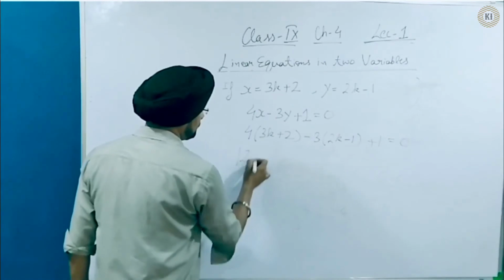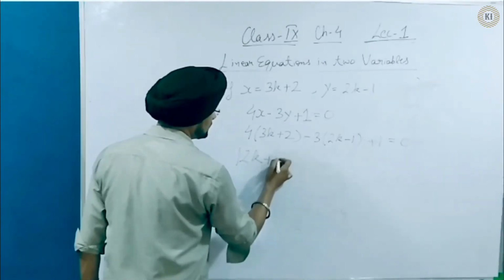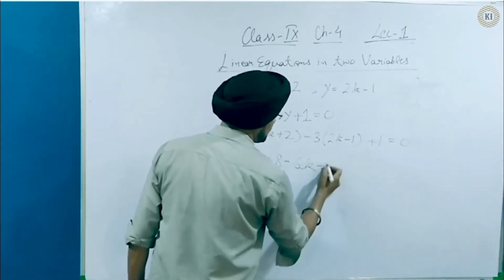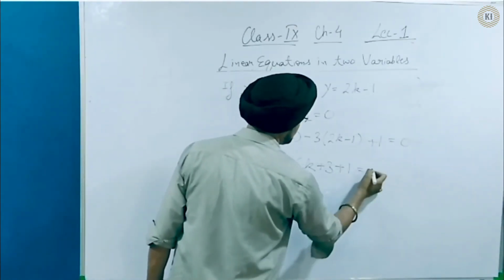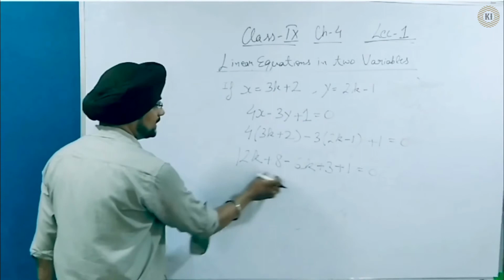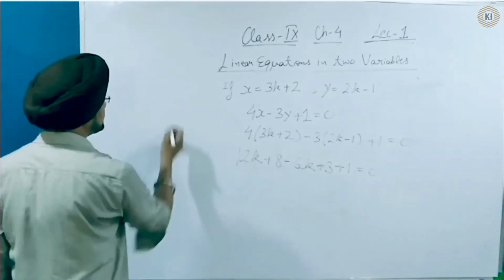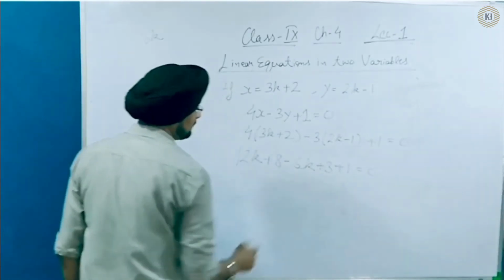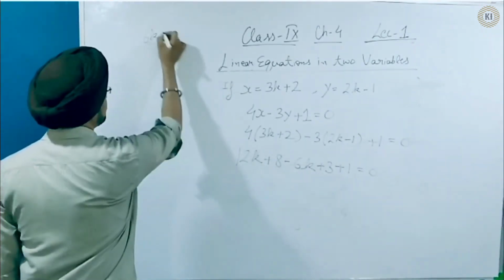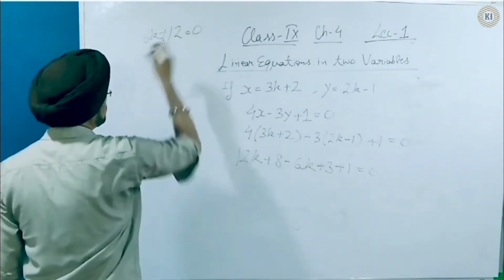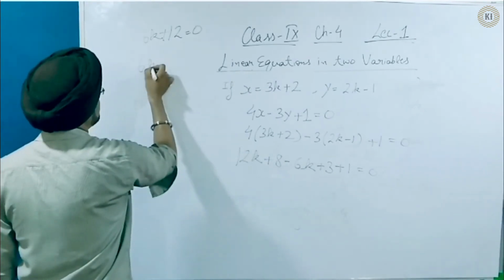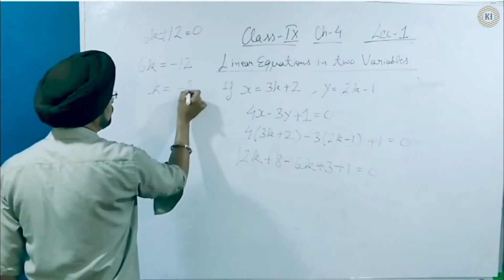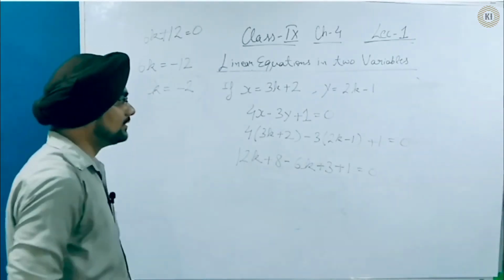It will come 12k plus 8 minus 6k plus 3 plus 1 is equal to 0. 12k minus 6k will be your 6k. 8 plus 3 will be 11, plus 1 is 12, is equal to 0. So 6k will be equal to minus 12. So the value of k will be equal to minus 2 and this will be your answer.